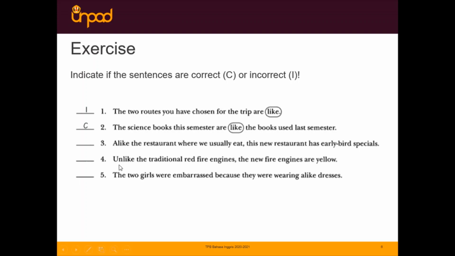In this sentence, we can immediately see that the preposition unlike is directly followed by an object, which is the traditional red fire engines. So based on this reasoning, we can say that sentence 4 is in this case correct.